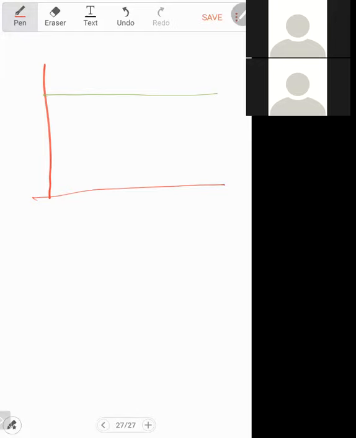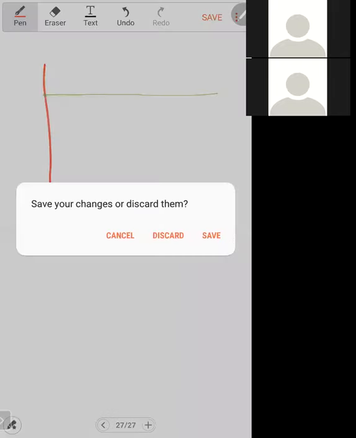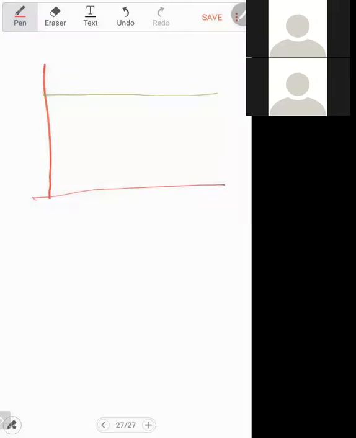This is equal to zeta, and as zeta decreases, you see that the overshoot will increase. The stability will somehow be reduced. How do you see that? Let's say that this is zeta equal to 0.9.